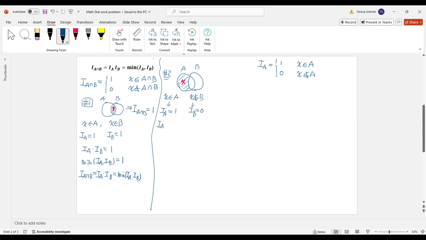So the indicator of A intersect B will be equal to 0.